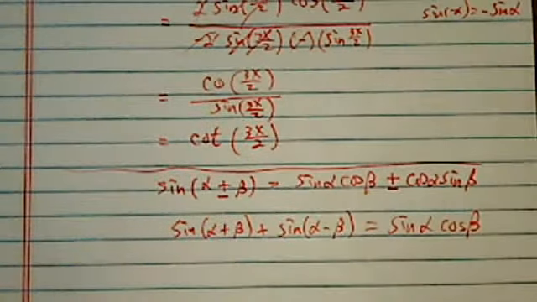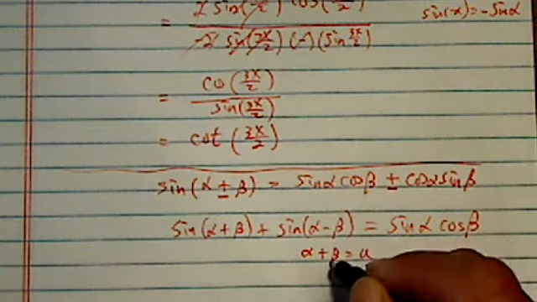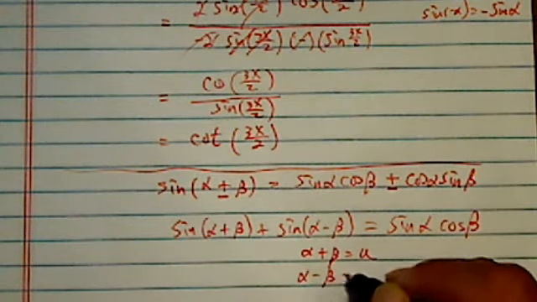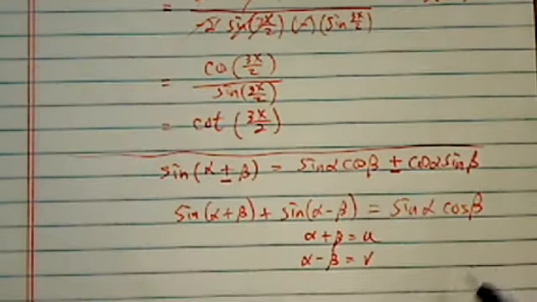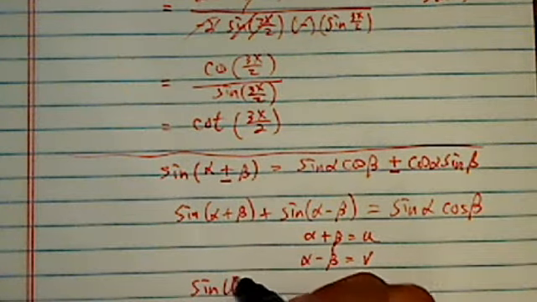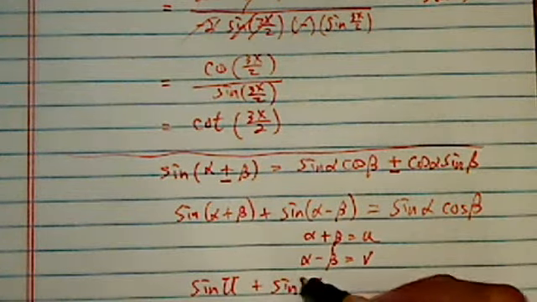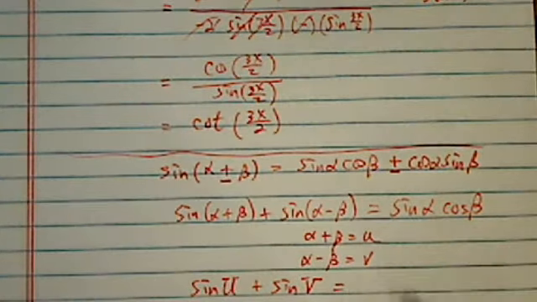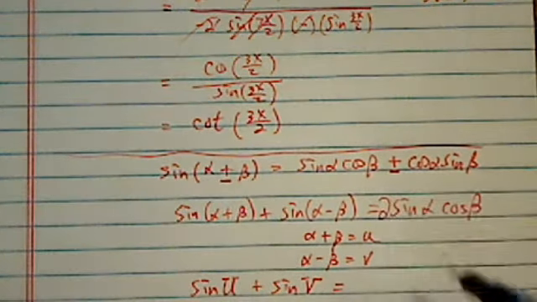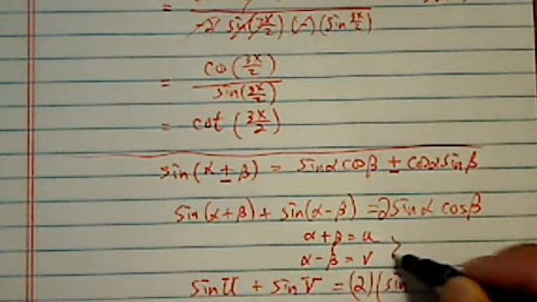Okay. Now one more step over here. If you let alpha plus beta equal angle u, and alpha minus beta equal v, you have the formula we used in the first step. Sine u plus sine v is equal to, I missed the 2 here, twice sine of, what's alpha?